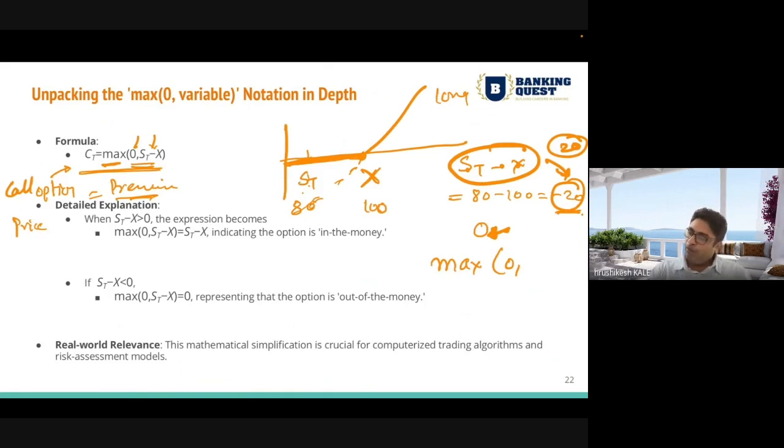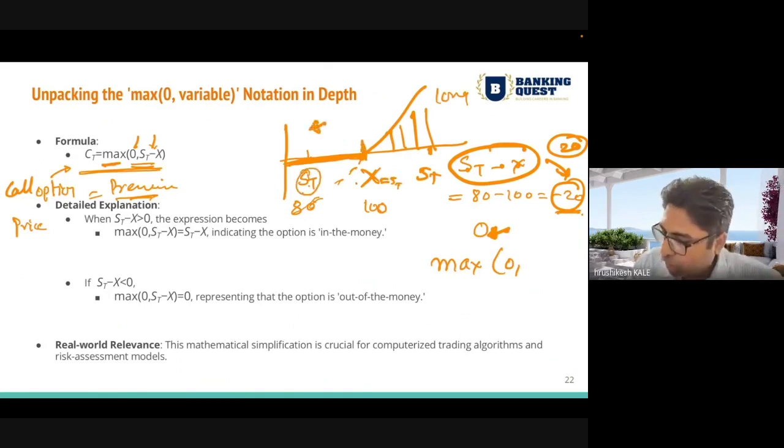So, when ST is greater than X, you are in the money. When ST is equal to X, you are at the money. And when ST is less than X, you are out of the money.